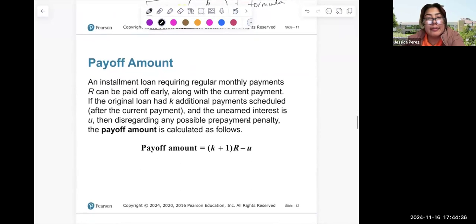Now the payoff amount. An installment loan requiring a regular monthly payment R can be paid off early along with a current payment.